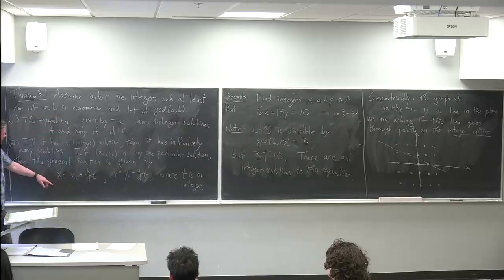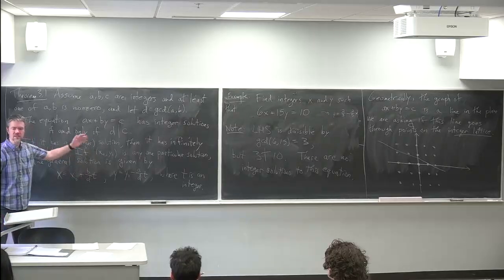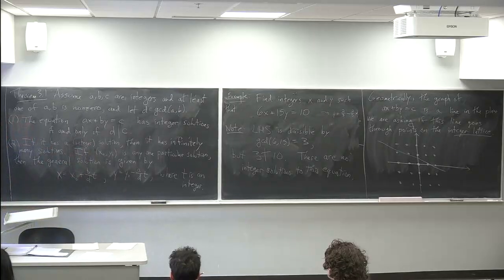But what you need here is to know one solution. Any one will do. You have to get your hands on one solution to the problem, and then once you have one solution on hand, you just write this down and it describes them all. Back when we were doing some examples earlier, we actually found a certain solution using the extended Euclidean algorithm, that we're going to feed into this, and then that'll help us describe all the solutions.